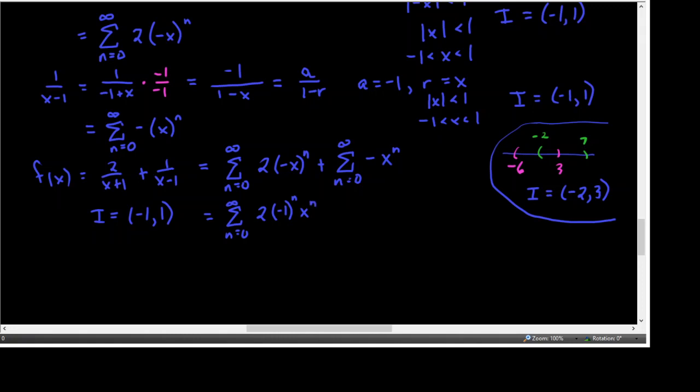And that minus that -1 can come out in front of the sigma, making that x to the nth. Then the difference of those two sigma formulas, since they both go from n equals 0 to infinity, can be combined. So that's going to be 2 times negative 1 to the nth times x to the nth minus x to the nth.